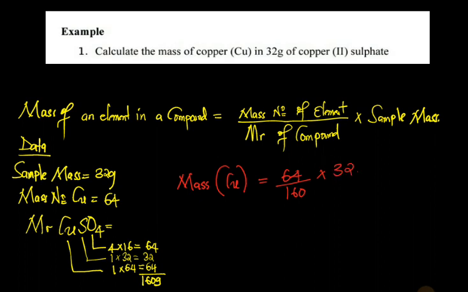So let's do that. 64 multiplied by 32 and divided by 160, I'm getting 12.8 grams of what? Of copper in copper II sulfate.